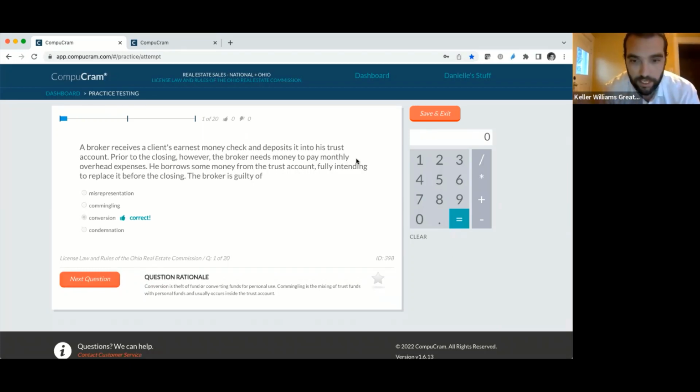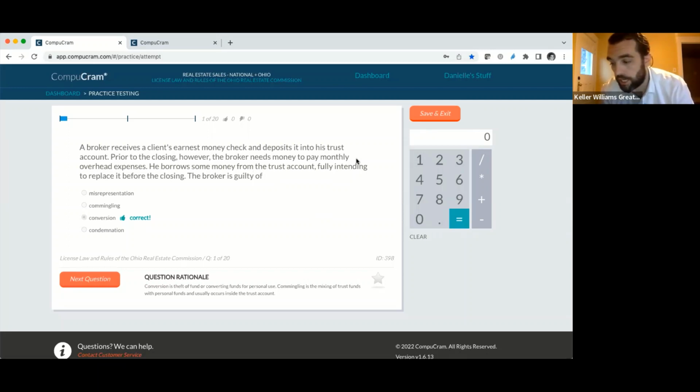So misrepresentation is the unwitting act of giving false representation, right? So if you said, hey, is the basement dry? And the agent says yes, but they don't actually know, they're misrepresenting.